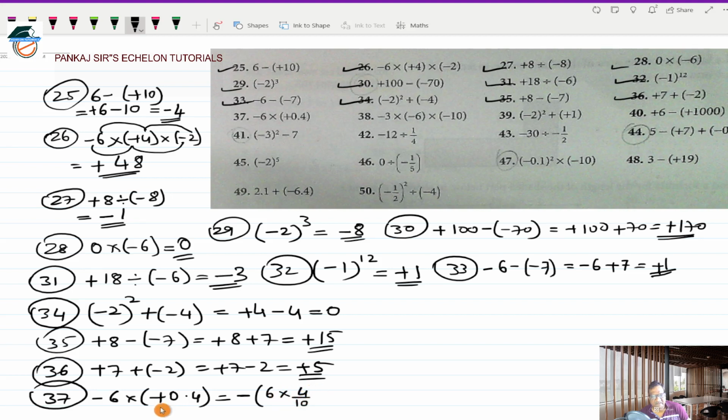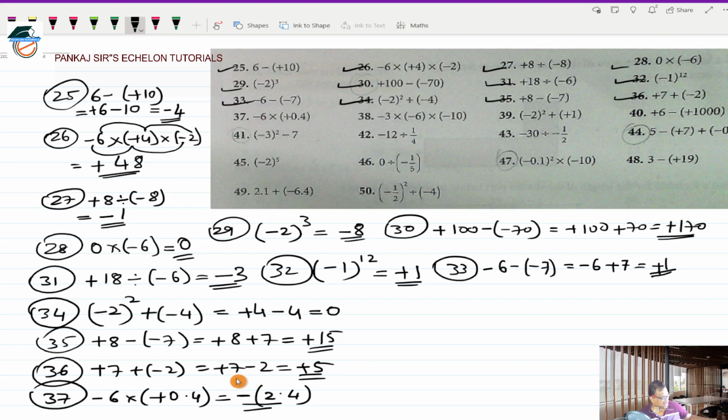Or rather you can do 6 4s are 24. It's pretty straightforward. So 6 4s are 24, and there's one decimal, so we'll have to put it 2.4. So answer is minus 2.4. 37, the answer is minus 2.4, and that's absolutely correct.